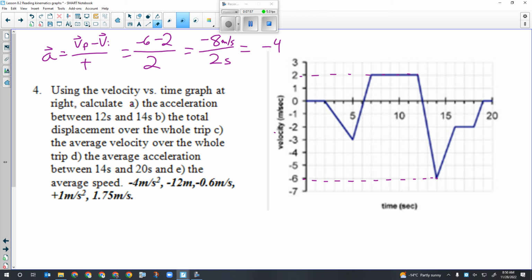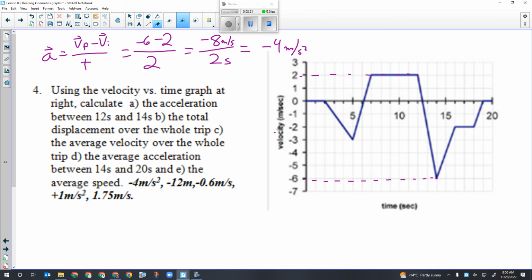If I divide meters per second by seconds, I get meters per second squared. We usually just write it meters per second squared. So what that means is during that section of the graph, the object is changing its velocity by negative 4 meters per second every second.